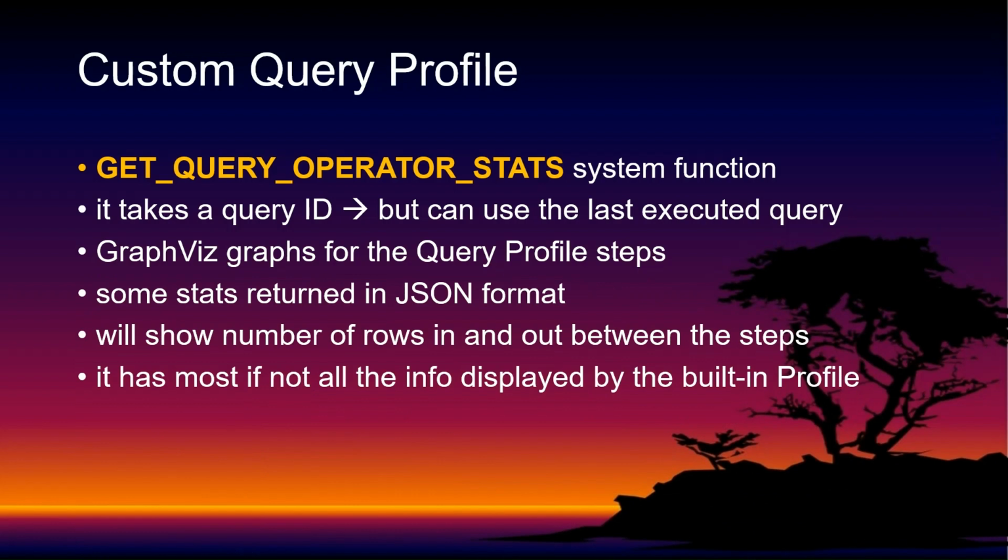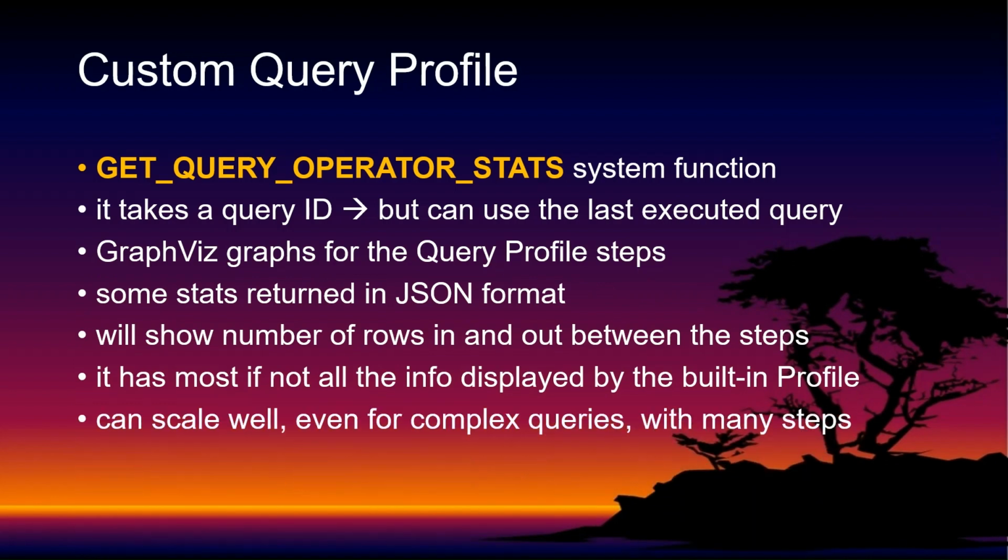Our small application has most, if not all, the information displayed by the built-in profile, and basically this is what you get from the call to get query operator stats. I think the application can scale rather well, even for complex queries with many steps, because even then, you rarely display dozens and dozens of blocks. So rendering this one the way we did, as a graph, was appropriate.